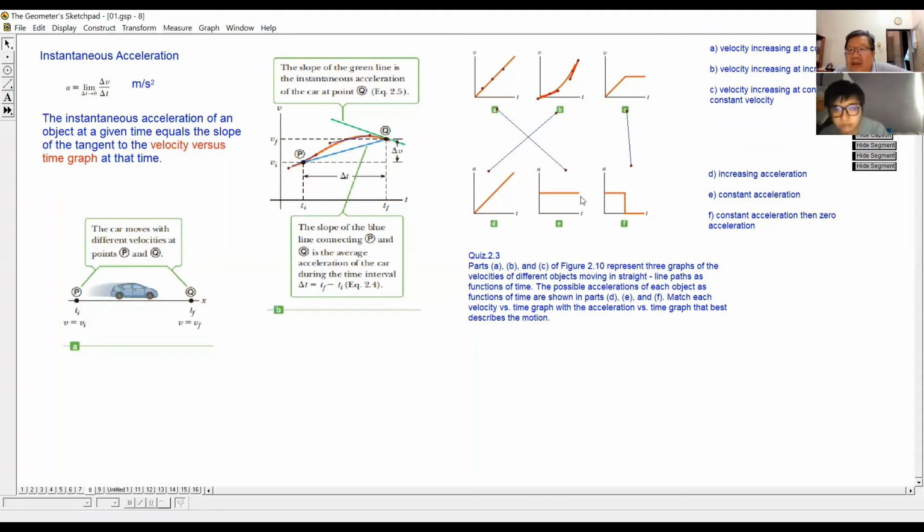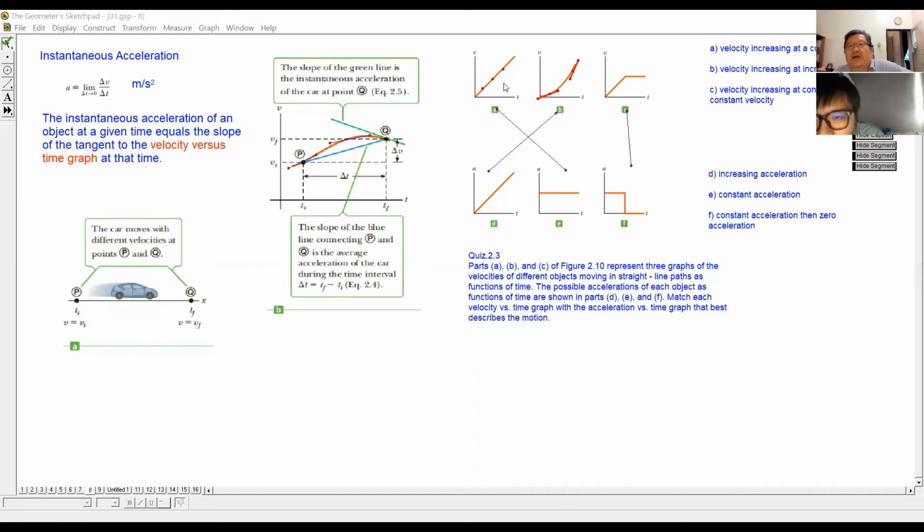What about the acceleration? Is it increasing, or is the acceleration constant, or is the acceleration zero? In the first one, the rate of increase of velocity is constant.